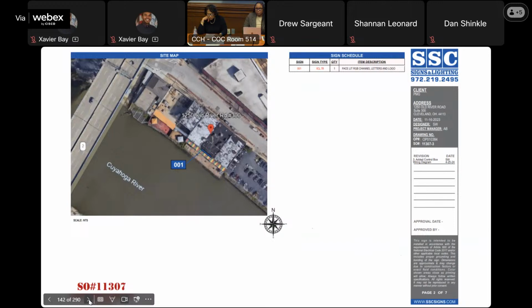We have a night view showing what that will look like when it is lit at night on top of the roof. We'll be installing it on an existing structure that has been there for a very long time. We plan on painting and welding a couple new pieces of strut on the back to reinforce it a little more because of the channel letters that we're putting on it.